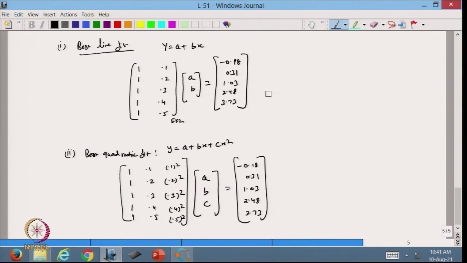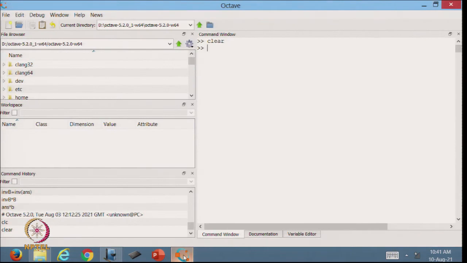If we solve it manually, it is going to take much time. So, we can solve this with the help of MATLAB or Octave. Let us do that.